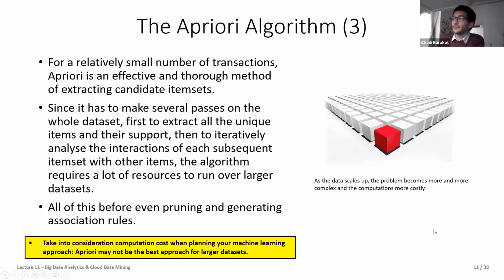As the data scales up, the problem becomes more and more complex and the computations more costly. And especially if you're using, as Maurice mentioned, cloud resources, it's costly in more ways than one. So even before the pruning and before generating the association rules, a priori is a very expensive algorithm.